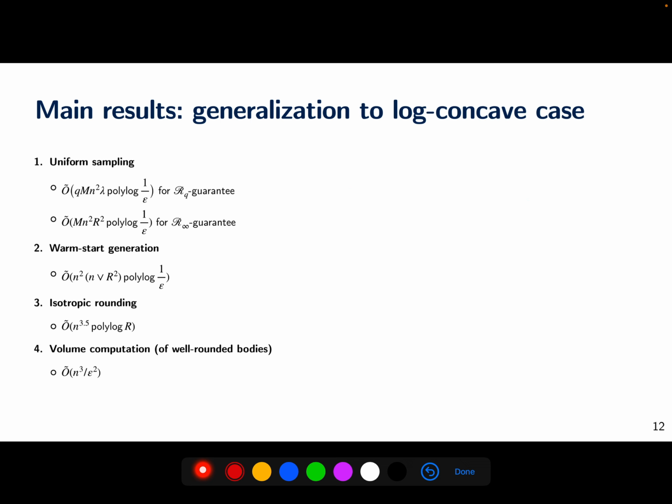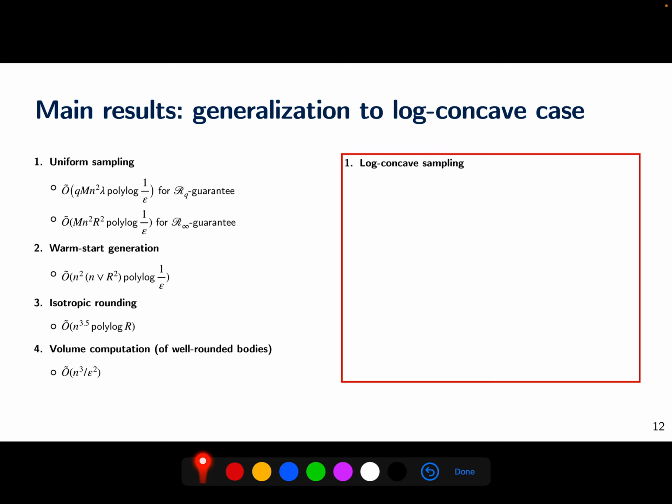Okay, so this is a summary of all the 4 problems that we have gone over so far. But now, let me show you the main result of our paper. Uniform sampling can be generalized to log-concave sampling. For this problem, we can extend this result to the log-concave setting like this.